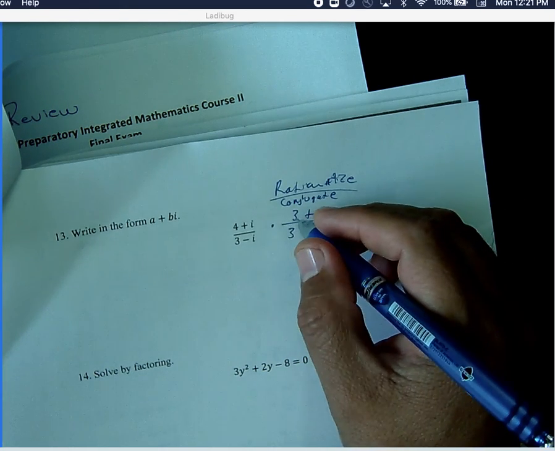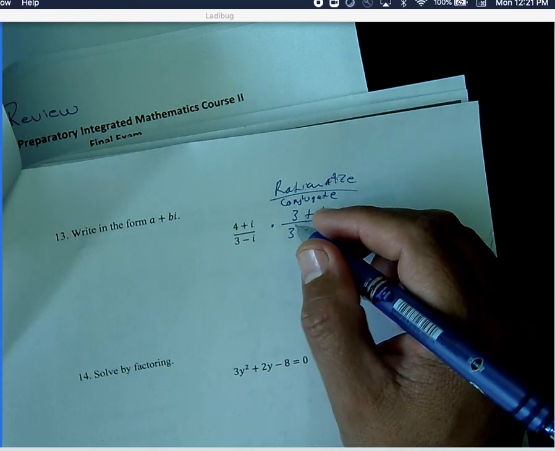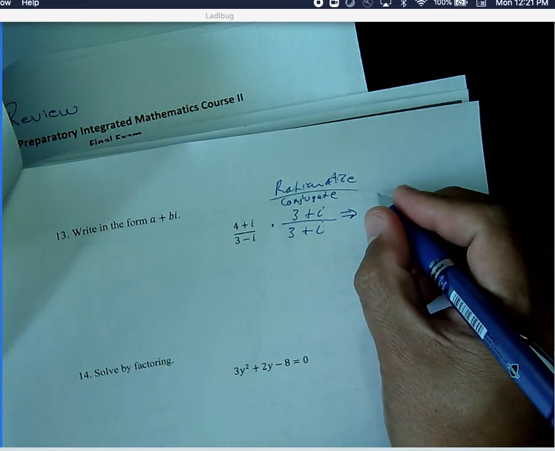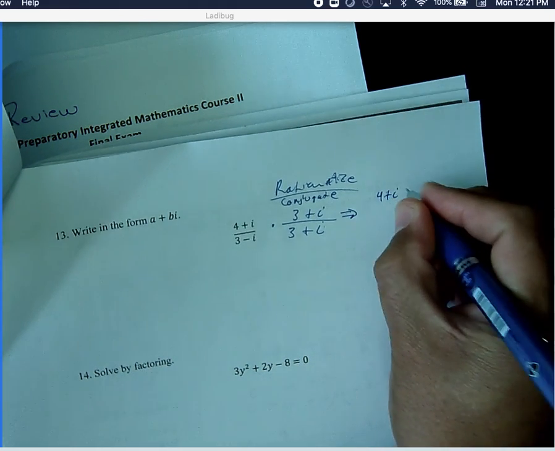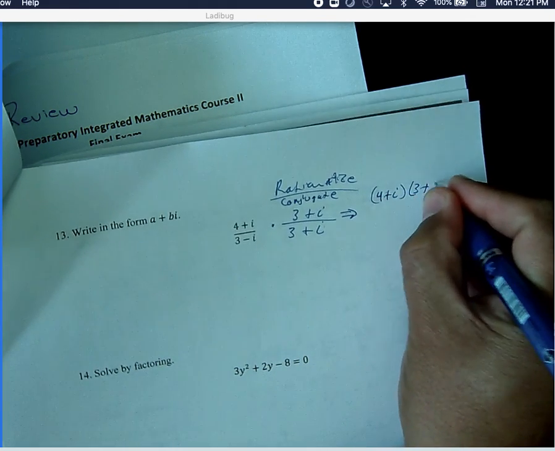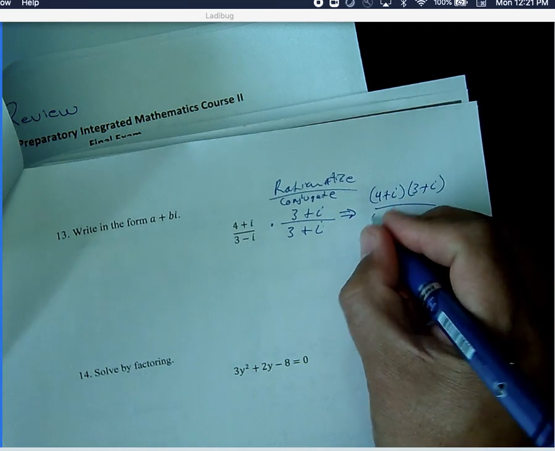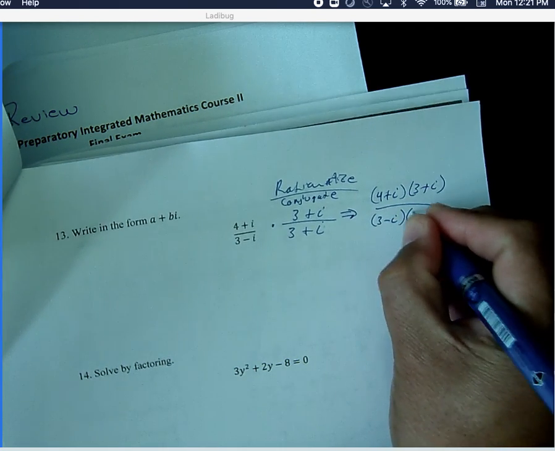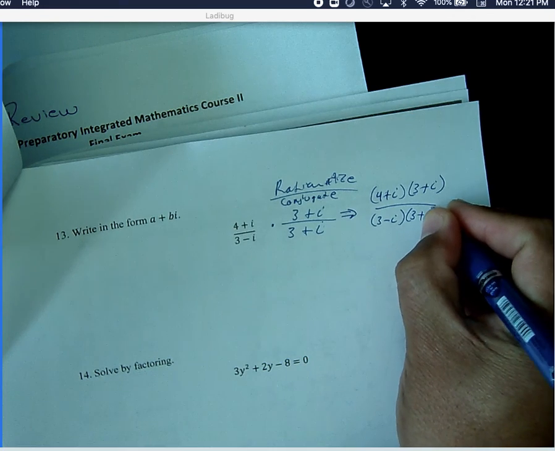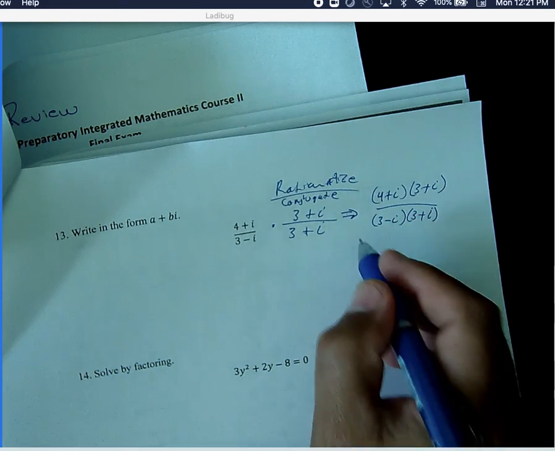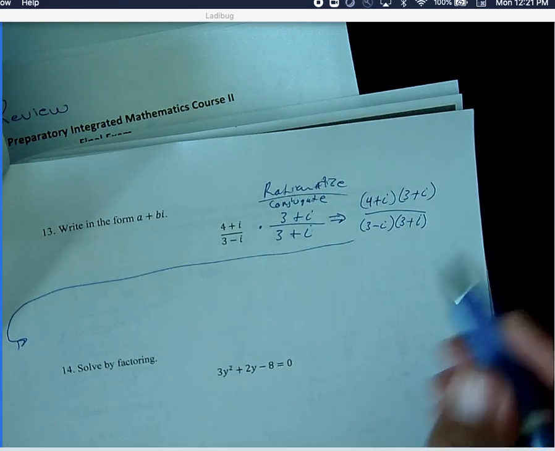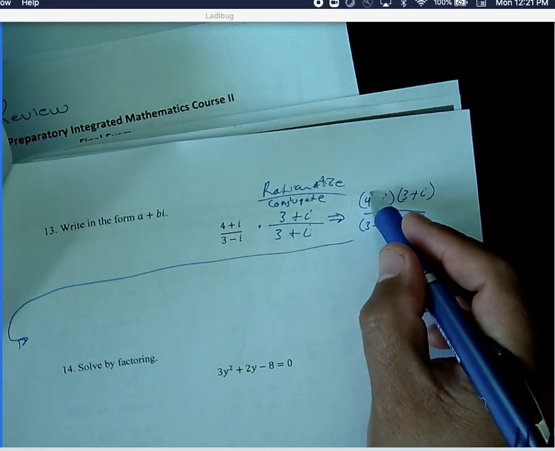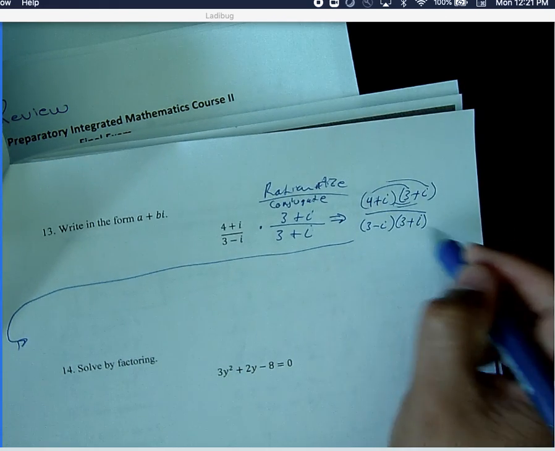Okay, so the top part and the bottom part. We're going to have to FOIL like that twice. So this is what we have so far. We're going to have to FOIL like that and then like that.